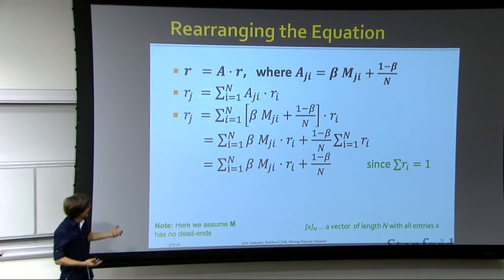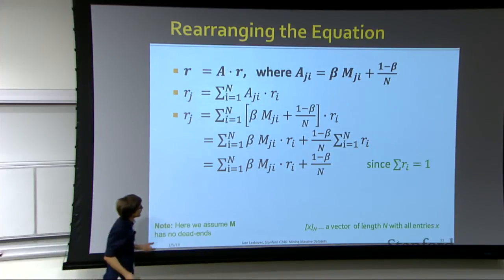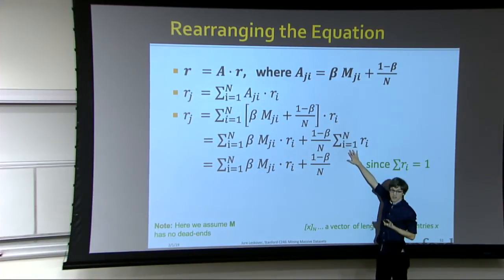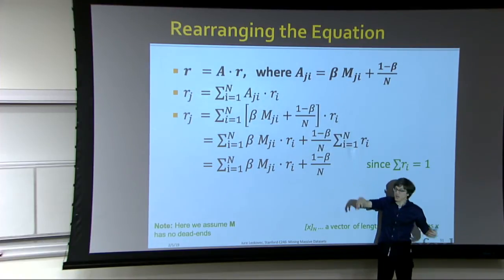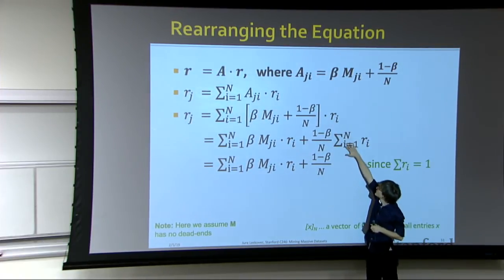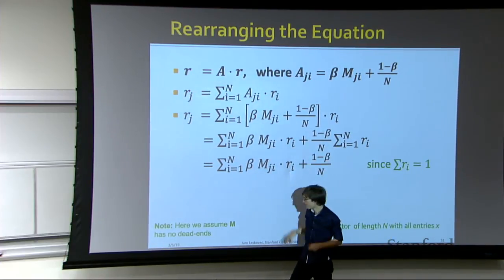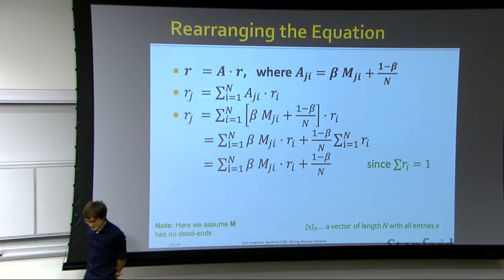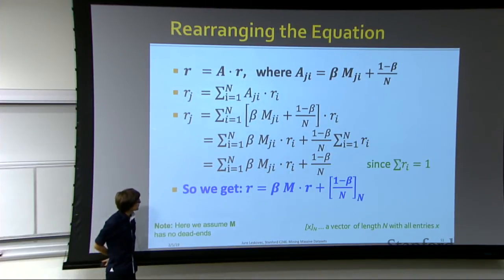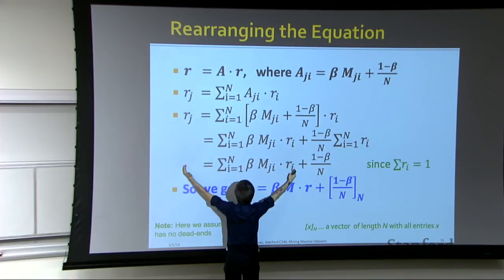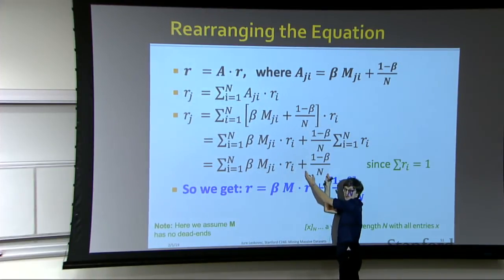And now if I try to rewrite this again, what do I notice? I notice that the sum over r_i equals 1. The sum of the PageRank scores equals 1. So this thing disappears, and this summation is still here. Now this is super cool. Why is this super cool? Because I can do my power iteration here, and then I just add this constant term.